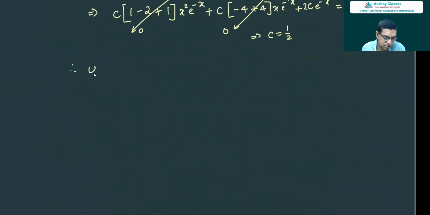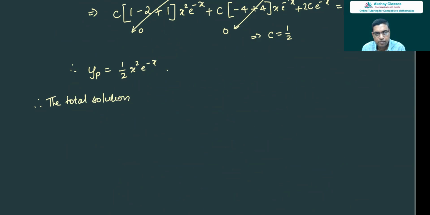Therefore yp is half x square e power minus x. Therefore the total solution is the complementary function plus the particular integral.